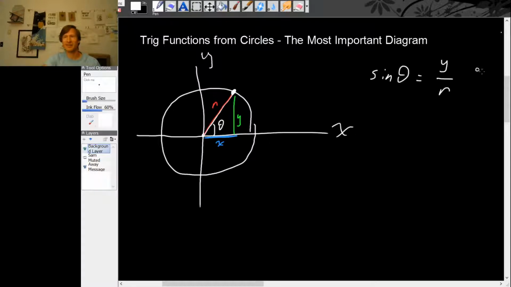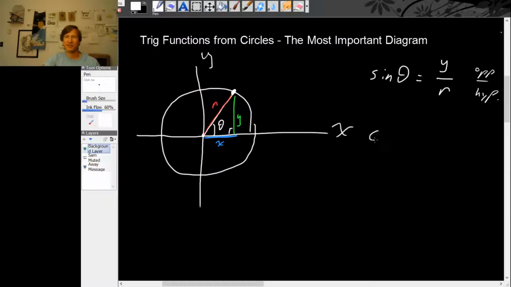So this is really saying the same thing as opposite side over hypotenuse, just like it was in the right triangle definition. In fact, you can see the right triangle. It's sitting right here. The hypotenuse is r, and the two legs of the right triangle are x and y. So our right triangle is actually embedded in this circle diagram.